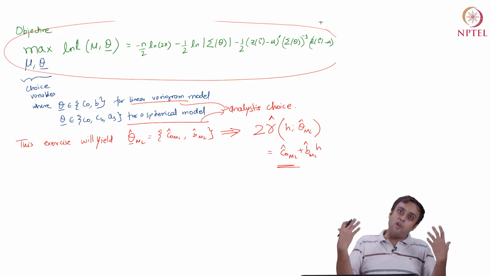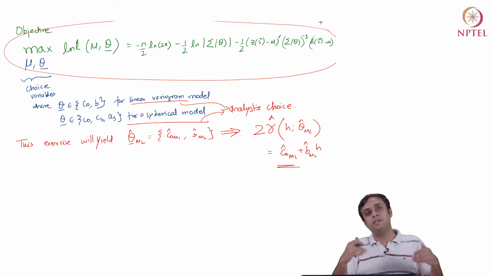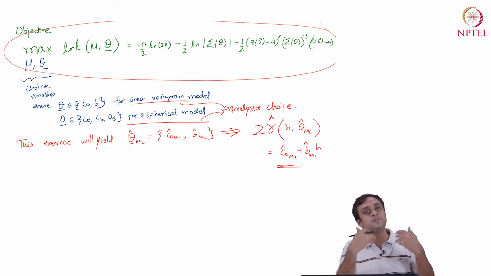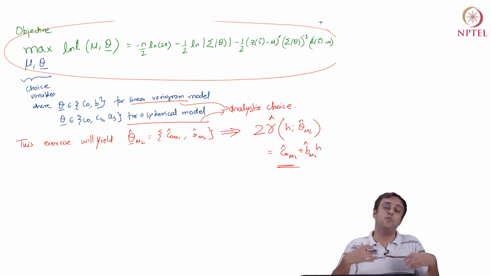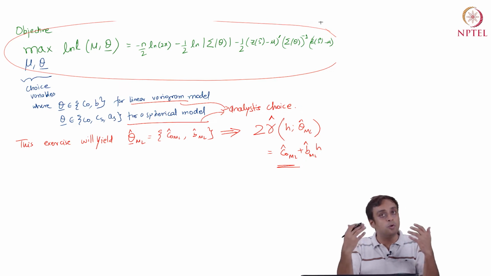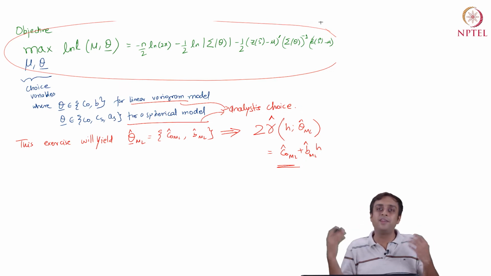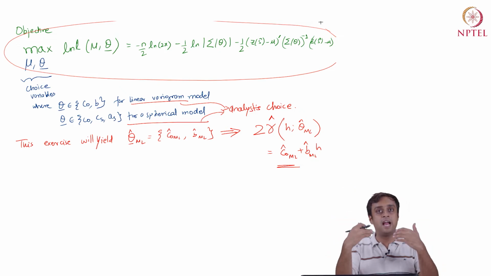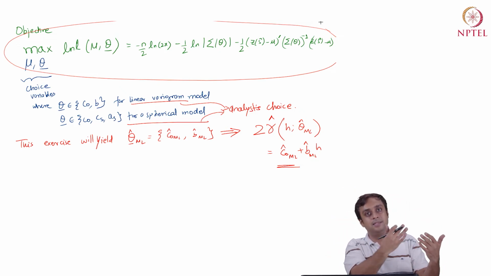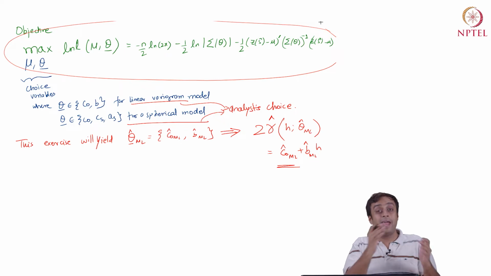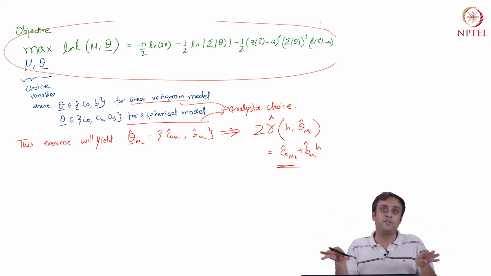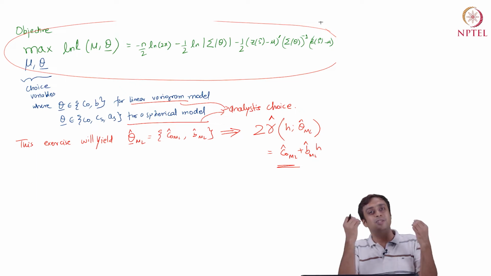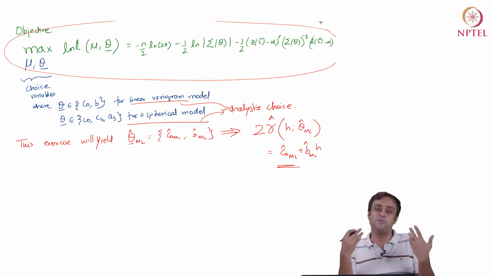We will always use the final answer, but we should know what is happening in that black box, because when you work with real world data sets, when you work with complex problems, when you do research, you can't really rely on what the software is giving you. If you don't understand what is happening behind the scenes, in all likelihood you are going to get stuck at some point, or your explanation of the physical world will come out to be nonsensical sometimes, and so on and so forth.